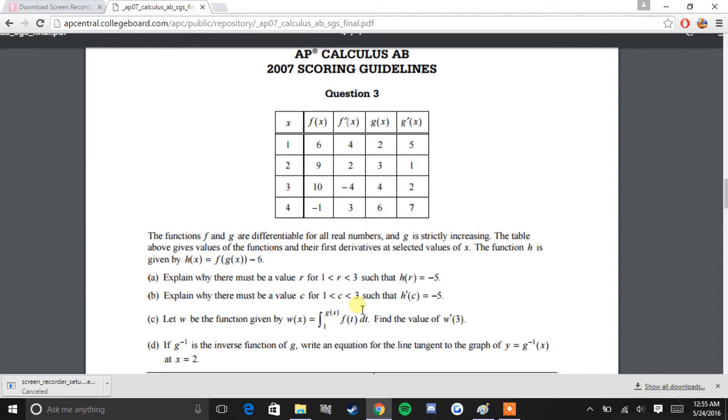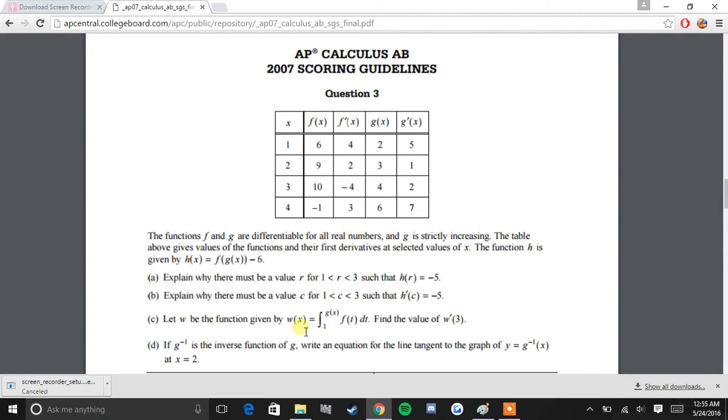Part C is saying let W be the function given by W of x equals the integral from 1 to g of x of f of t dt. Find the value of W prime of 3.